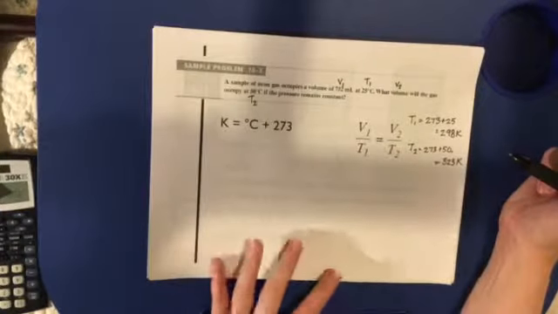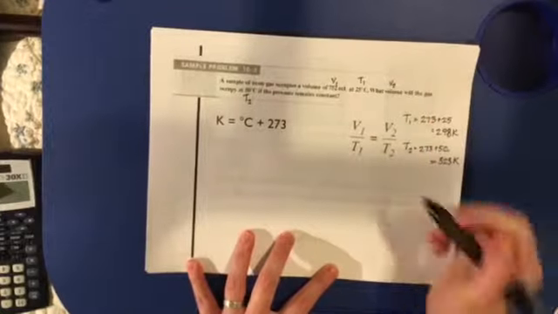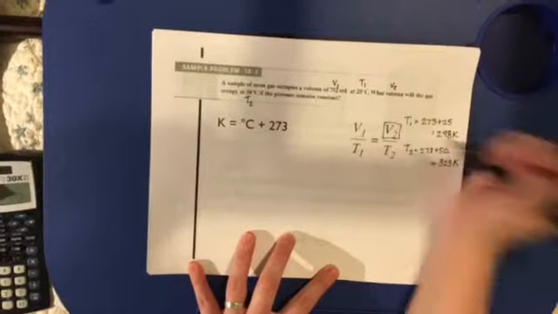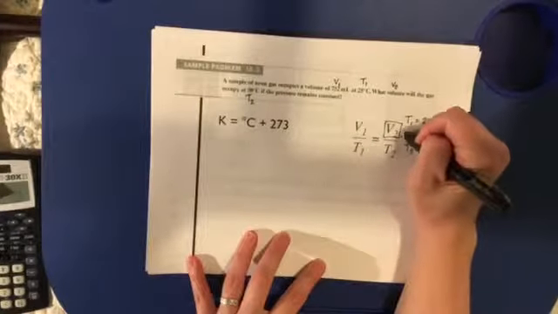And so now we want to know what volume V2 is. So we want to isolate this value. And in order to do that, I'm going to multiply both sides by T2.